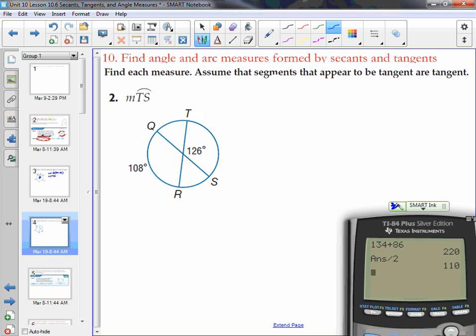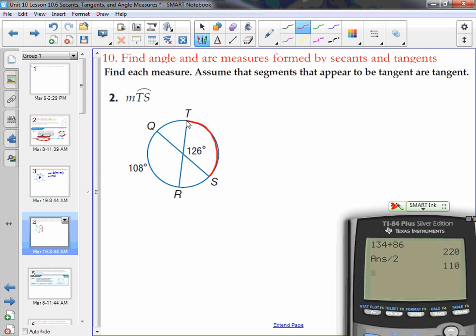This time they ask us for the measure of an arc. So they want us to find the measure of arc TS. But we're going to use the same theorem. It's just that our unknown value is in a different spot when we write the equation.